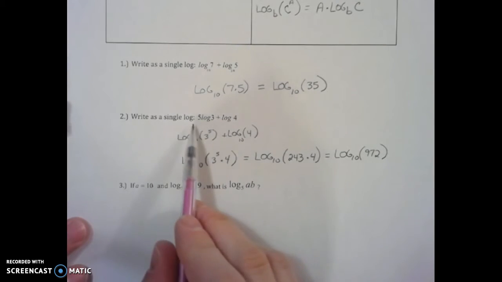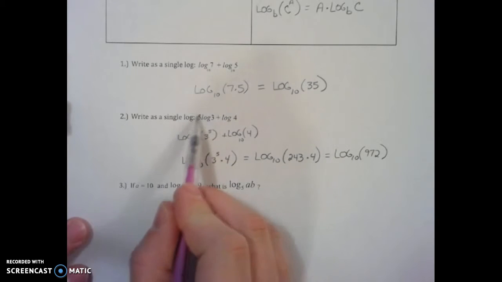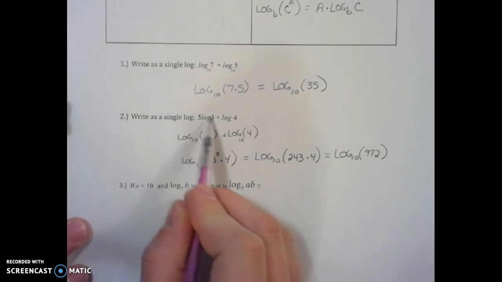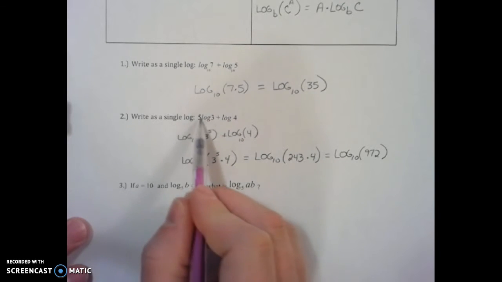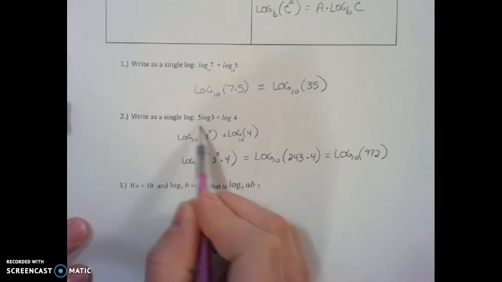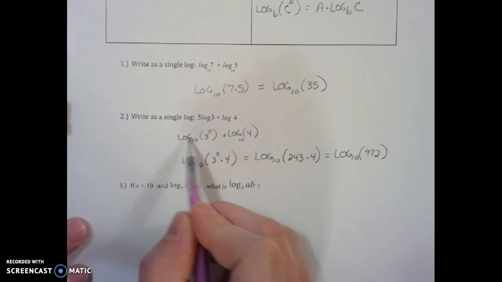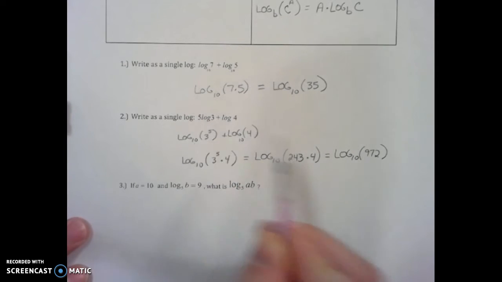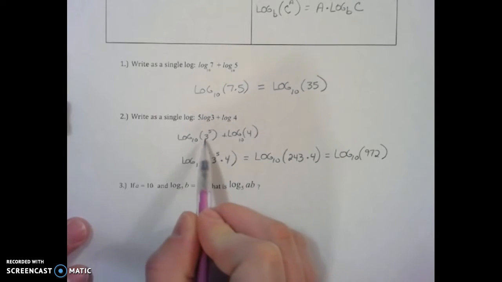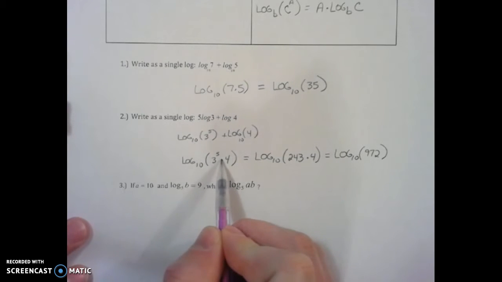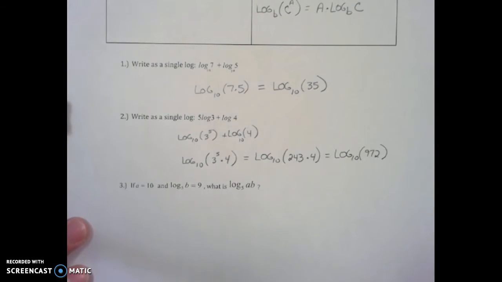So using a couple of my rules, I used the power rule to write 5 log 3 as log base 10 of 3 to the 5th. And then because this was a sum, I could use the product rule here, 3 to the 5th times 4, and that comes out to be log base 10 of 972.